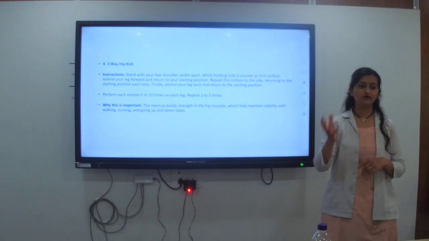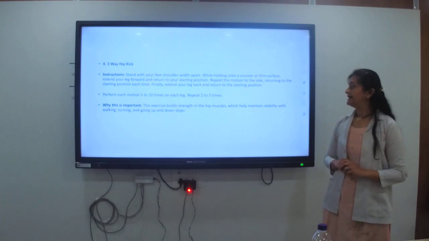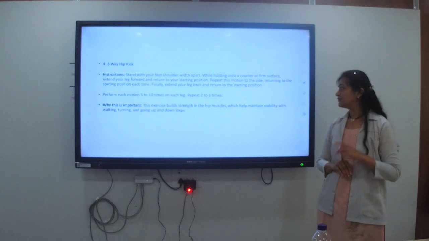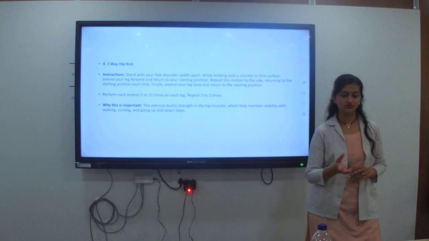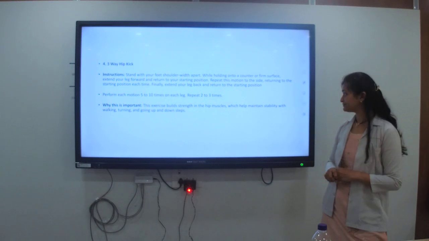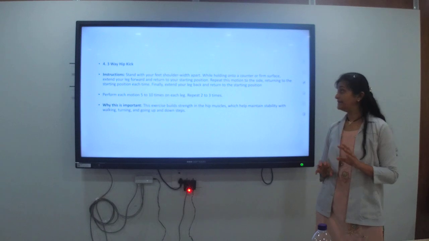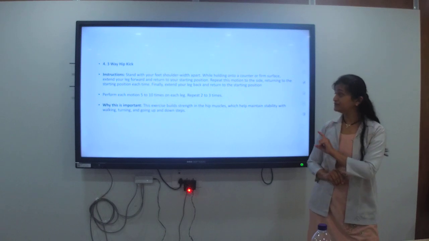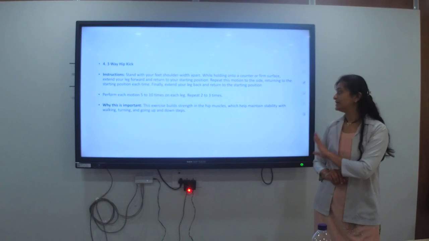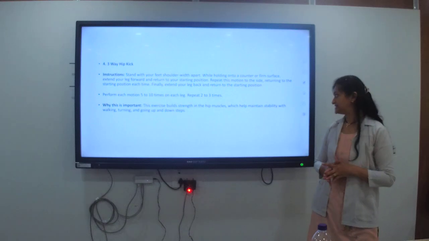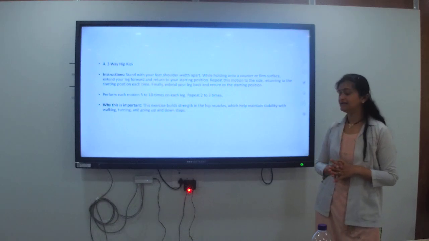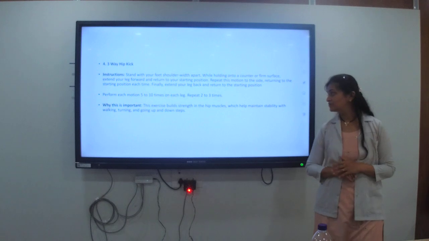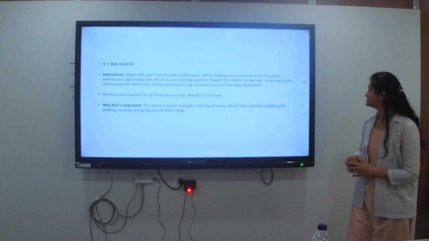You have to repeat this process 5 to 10 times for one leg, and again repeat it on the other leg, 2 to 3 times. Why the hip kick? It also strengthens your hip muscles, and it maintains the stability during your walking, turning, and going up and down the steps.